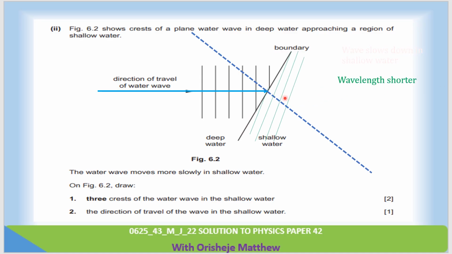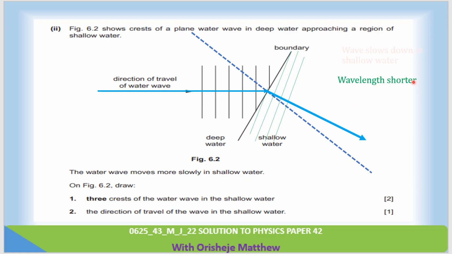So what happened? It bent towards the normal. This is the normal. The normal is this dash, the broken line perpendicular to the surface, it's 90 degrees. So it bent towards the normal. Because the speed of the water wave becomes slower in shallow water, the wave fronts will be closer.